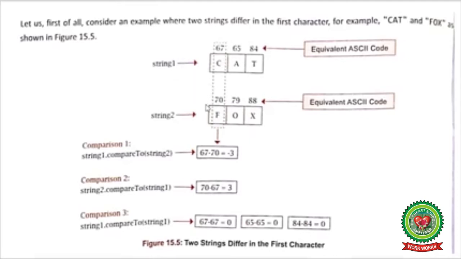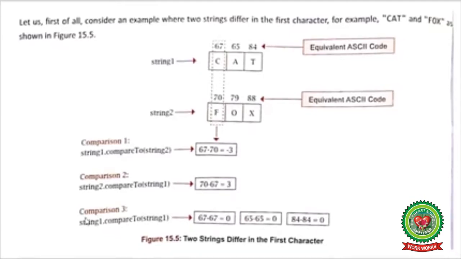The compareTo function compares the ASCII code of each character of the string. And the third comparison is string1.compareTo(string1). Now here, CAT compares to CAT only. C is equal to C, means 67 minus 67 is 0.